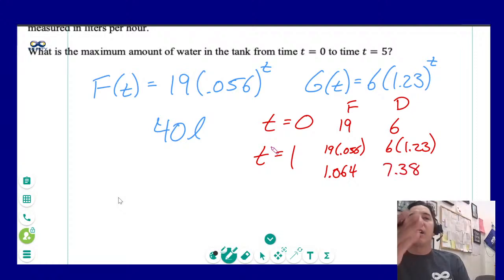So bam, you see that by the time we get to t equals 1, we'll already be draining faster than we're filling.